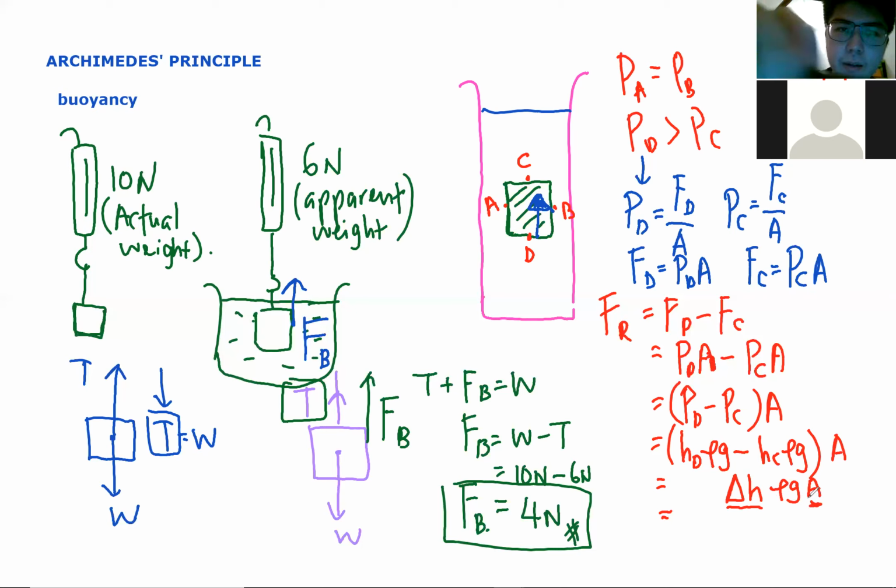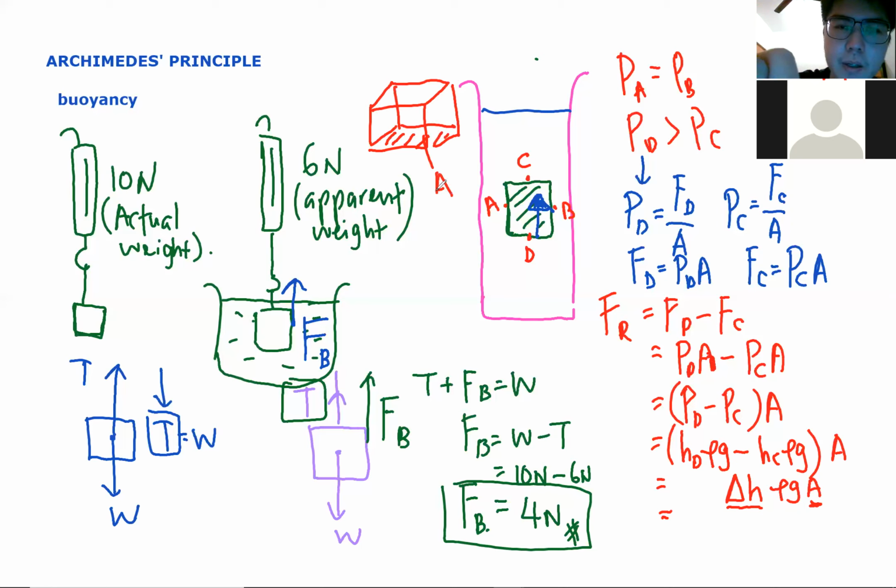Okay, if you look at, I draw a simple diagram here. Let's say this is your cube, this is your cube, and the bottom section, this one is the area, right?